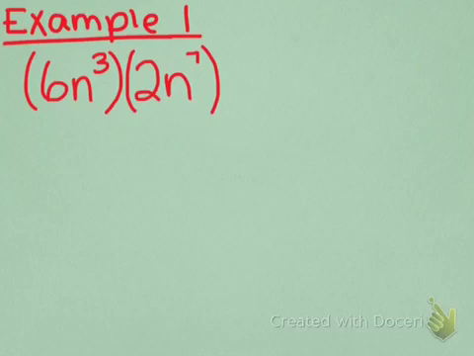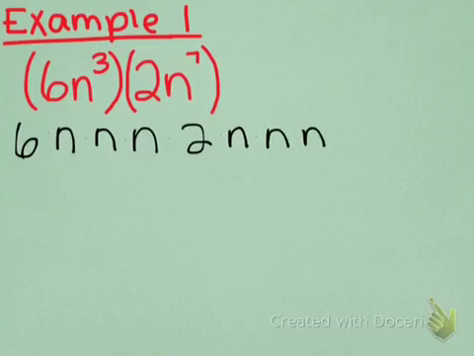Here's an example. 6n to the 3rd times 2n to the 7th. If you think about what this means, it's 6 times n times n times n times 2 times n. Okay, you don't want to have to write all that out, so we're going to refer to the rule.